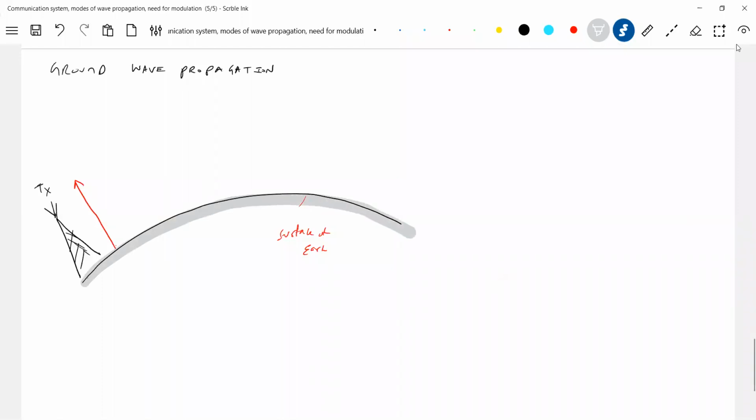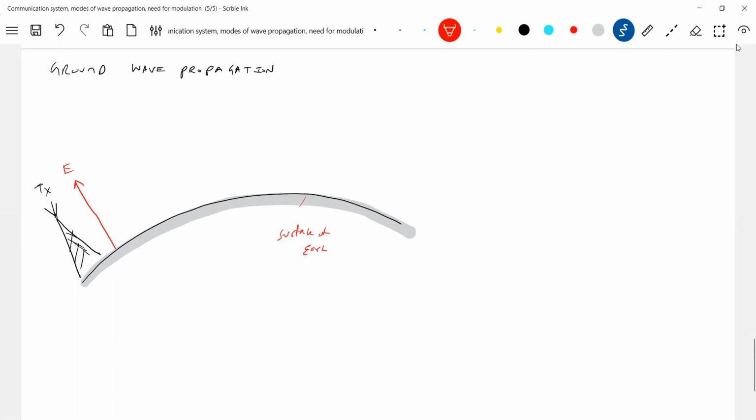The transmitting station will generate the EM wave such that the E bar will be perpendicular to the surface, and B bar will be directed tangential to the surface. Now the wave will propagate in what direction? Along the surface of the earth.